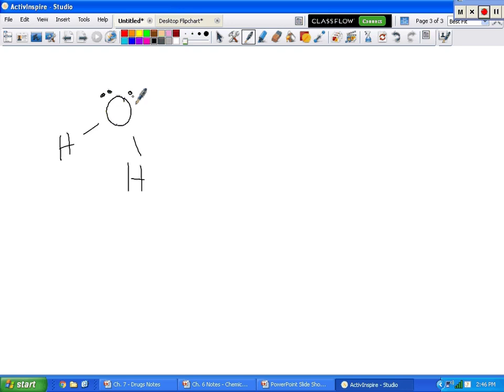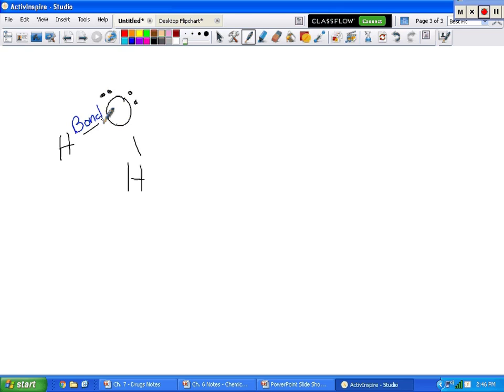So let me give you an example. What is that? And don't say water. It's an M word. It's a molecule. All right, so here's a very important question. What does this line represent? A bond. That's very important. Are intermolecular forces bonds?